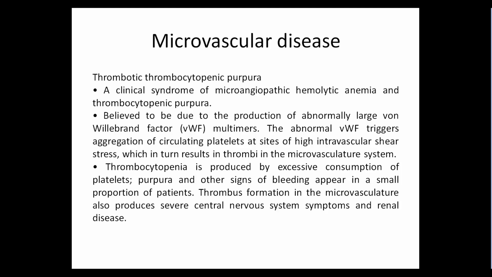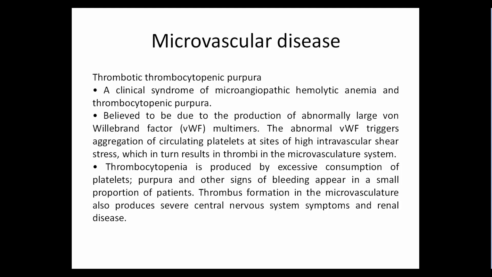Thrombotic thrombocytopenic purpura, a clinical syndrome of microangiopathic hemolytic anemia and thrombocytopenic purpura, believed to be due to the production of abnormally large von Willebrand factor multimers. The abnormal von Willebrand factor triggers aggregation of circulating platelets at sites of high intravascular shear stress, which in turn results in thrombi in the microvascular system.